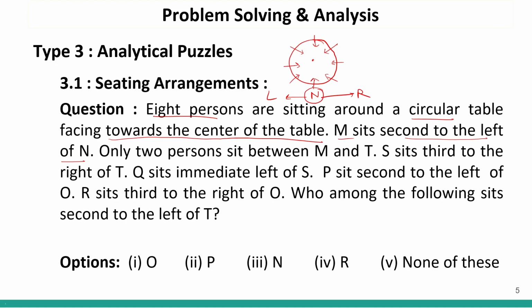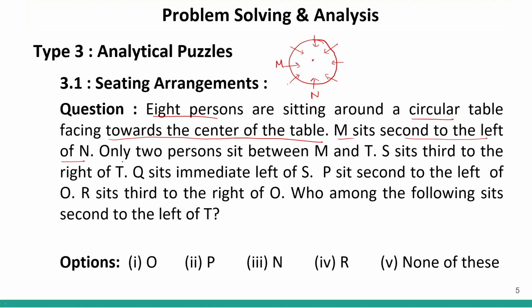How come? Just consider yourself to be in the position of N. Let's say if I am N, then this direction will be my right and this direction will be my left. Correct? So, we know in the question it is given that M is sitting second to the left. So 1 and 2. So M will be over here.